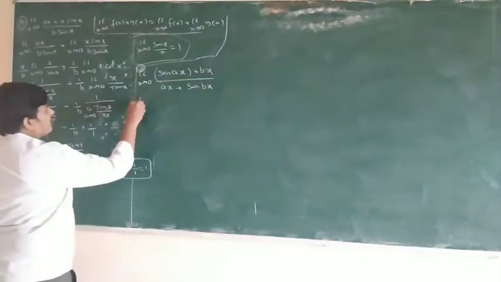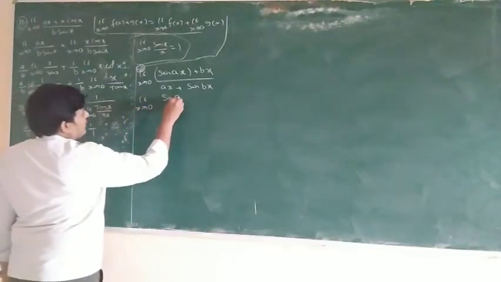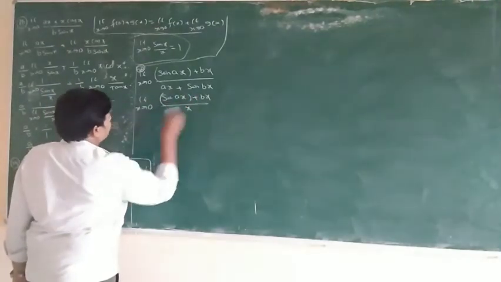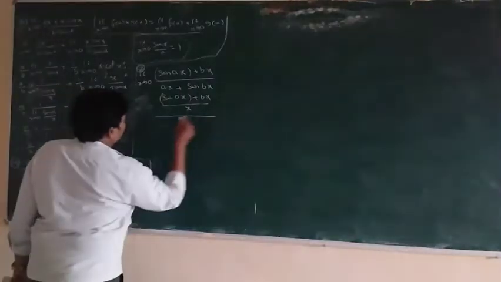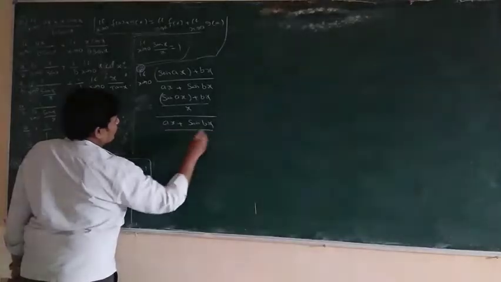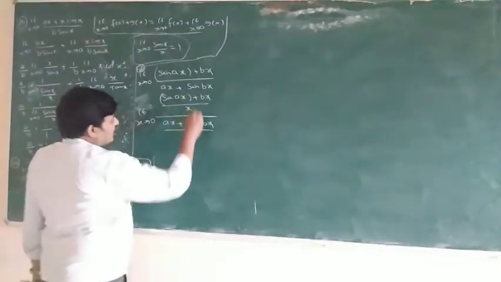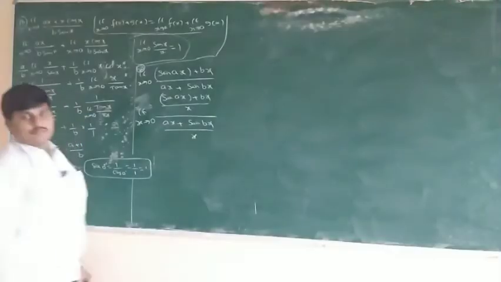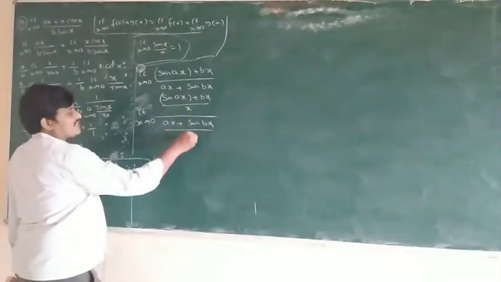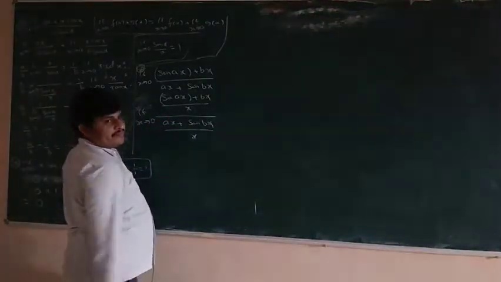So separate: limit x tends to 0, (sin ax plus bx) by x over (ax plus sin bx) by x. In the numerator, divide and multiply by x; the x cancels.